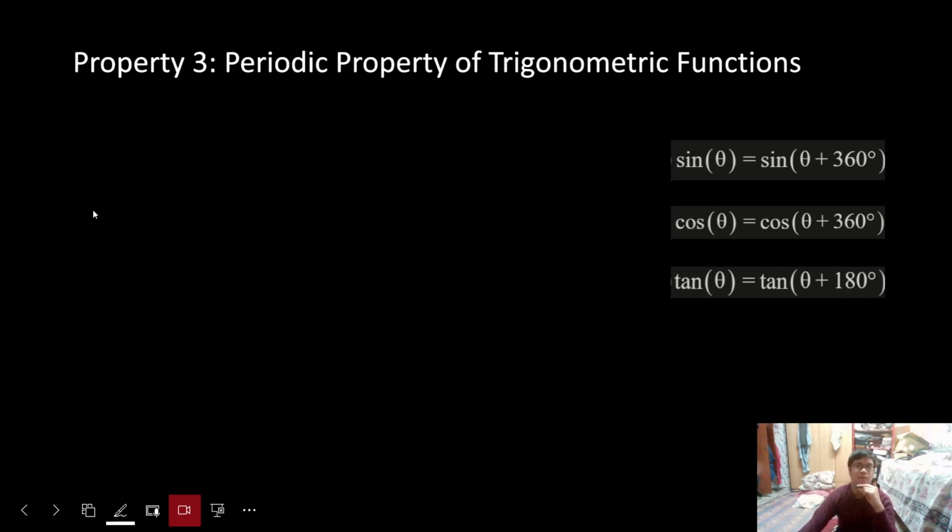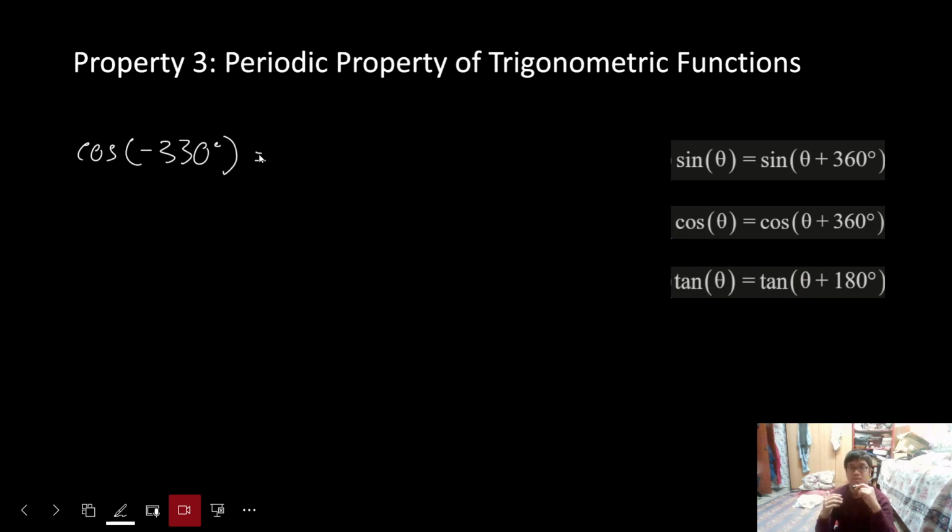Let's just say we have a negative angle, cosine of negative 330 degrees. Now, the same thing.